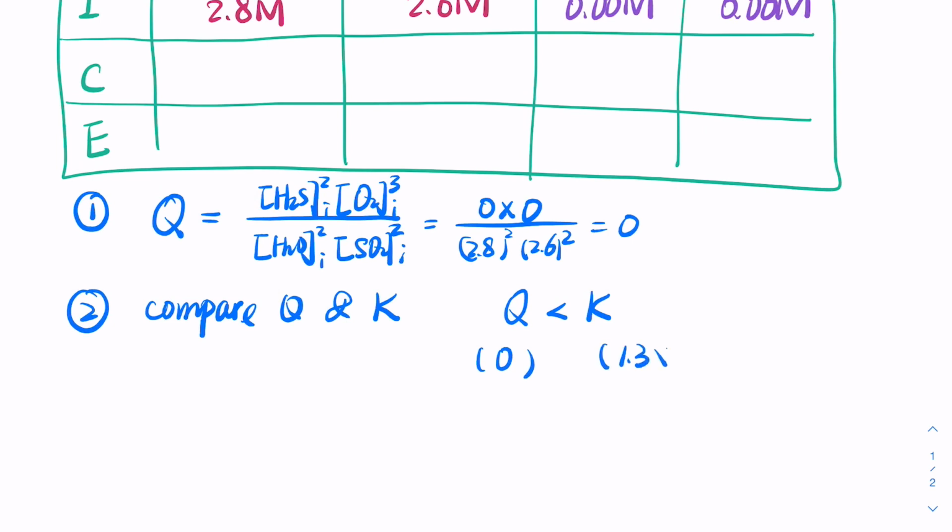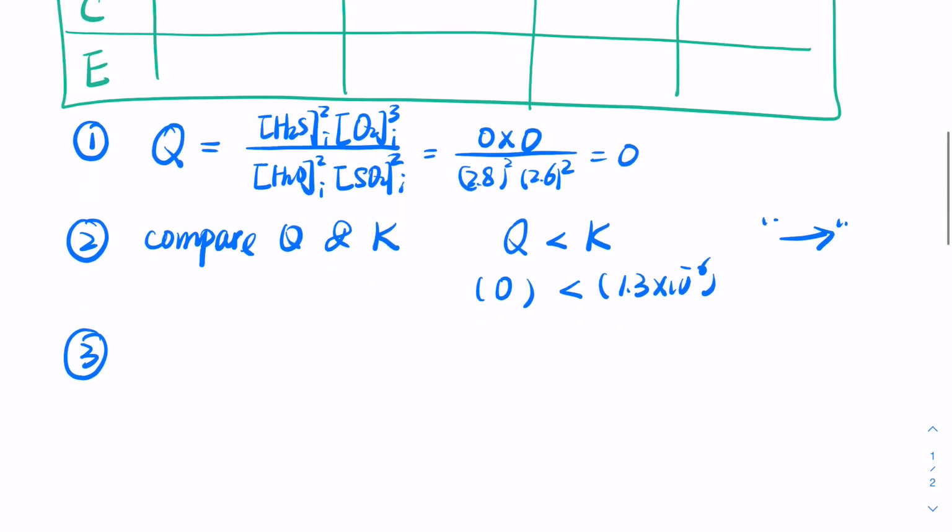Again, I'll put the values here so you see how I compare: Q is smaller than K. Once you see this, you can decide the direction goes in the forward direction, so the reactants will be consumed and you're producing product.